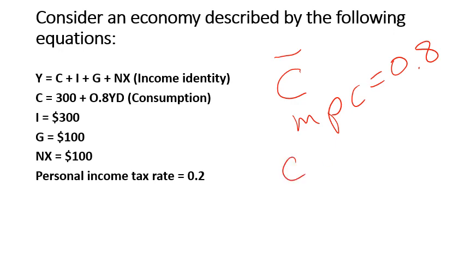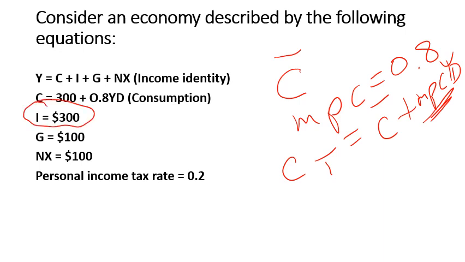So what you have here is the total consumption function. The total consumption function is equal to autonomous consumption plus MPC times YD, which is the non-autonomous part of consumption, that part of consumption which is dependent on the fluctuations of gross domestic product. Next, what we have is physical investments.